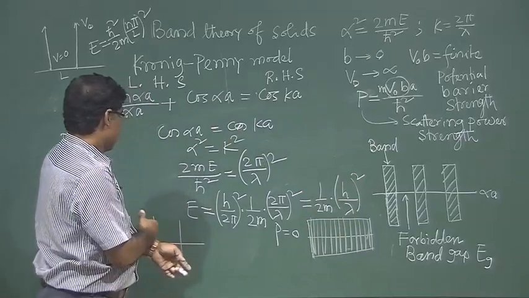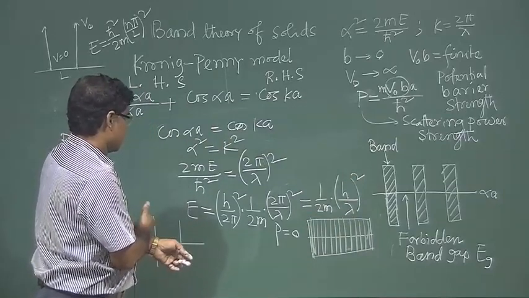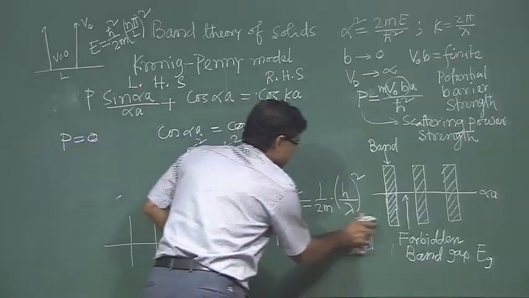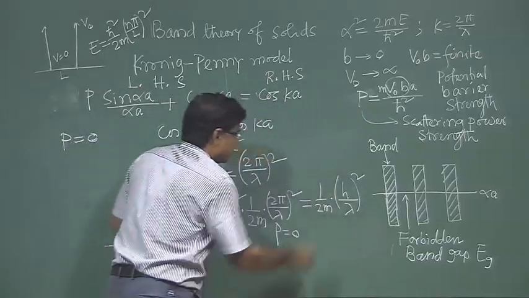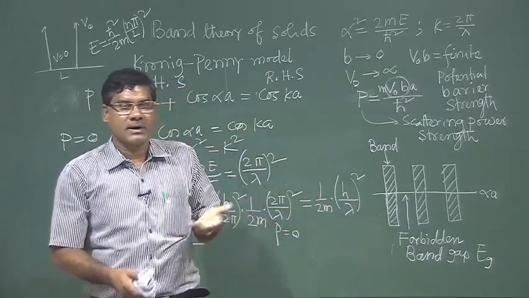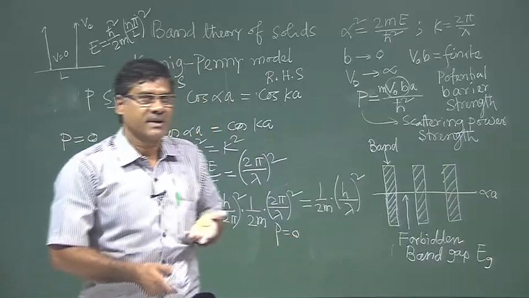Now h by lambda, this electron one can treat as a wave, a de Broglie wave.